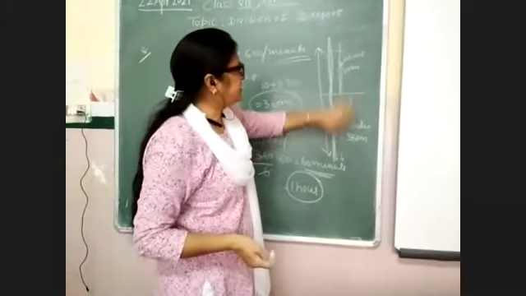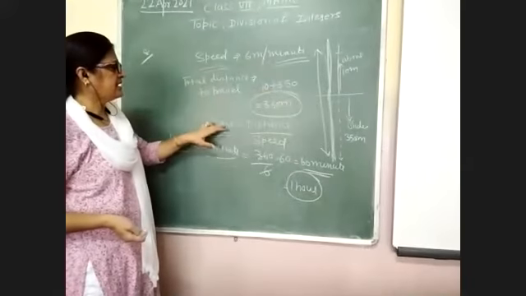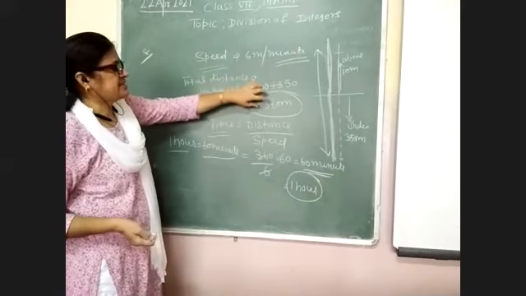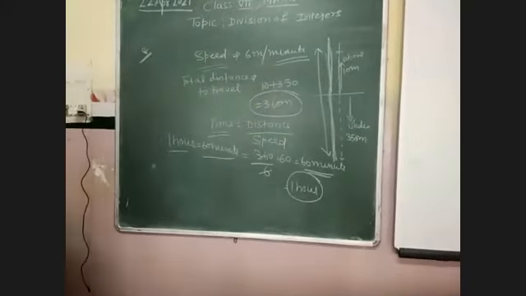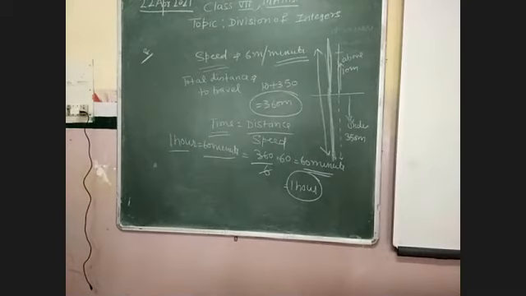Total distance 350 plus 10, 360 meters. And the time the elevator will take to cover this distance is 360 meters distance upon speed. 360 divided by 6 is equal to 60 minutes. So 60 minutes is equal to 1 hour. 1 hour equal to 60 minutes.